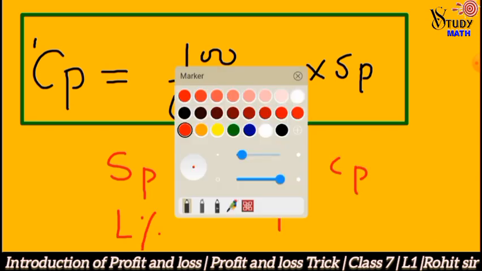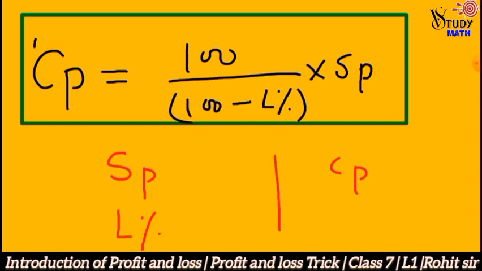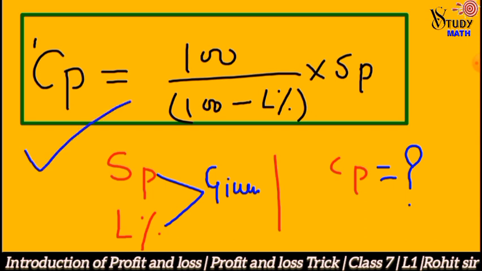In this case, SP and loss percent are given in the question, then we have to find CP. In that problem, we are going to apply this formula and find CP. Just write down all these formulas in your note copy. Now I'm going to solve problems on profit and loss. So my dear students, let's start solving the questions.